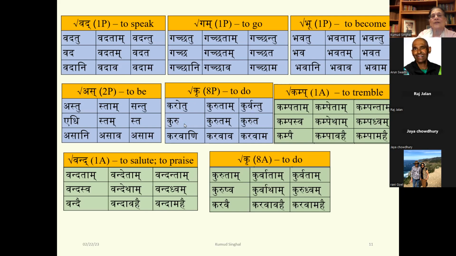These forms you will see: vada, gacha, bhava, edhi, kuru, and so on. And in the atmane pada you will have kampatam, kampasva, vandatam, vandasva, kurutam, kurushva. This is the atmane pada form.